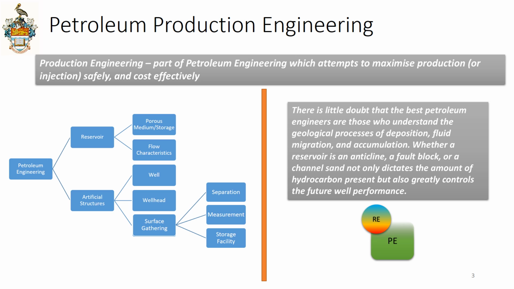So the petroleum engineer or the production engineer needs to interface closely with the reservoir engineer, the facilities engineer, management and finance, well operations, and the G&G group, which would include geologists and geophysicists.